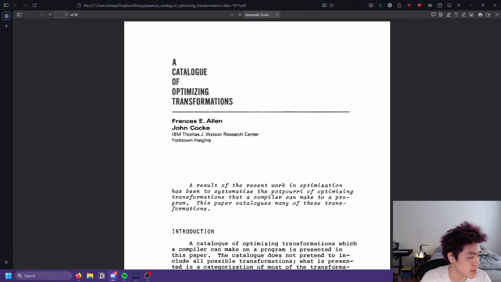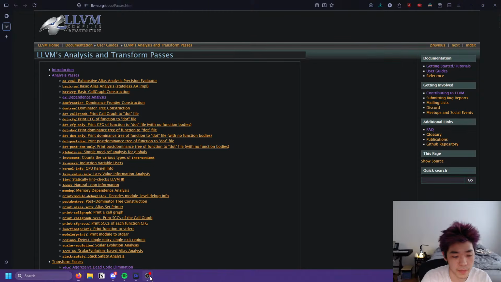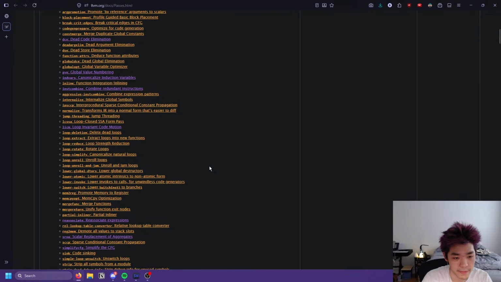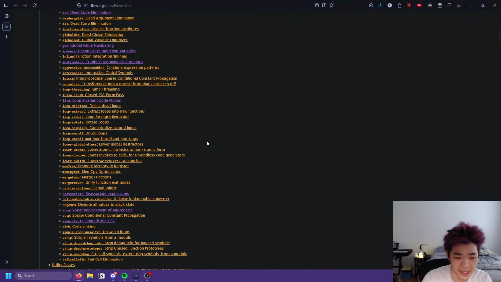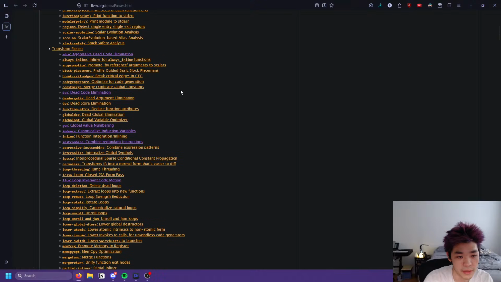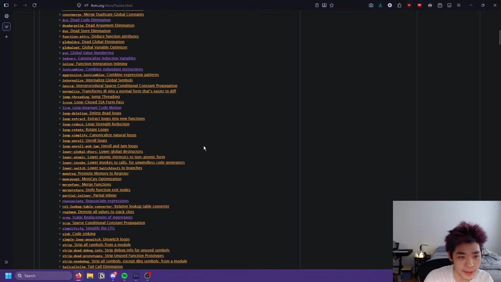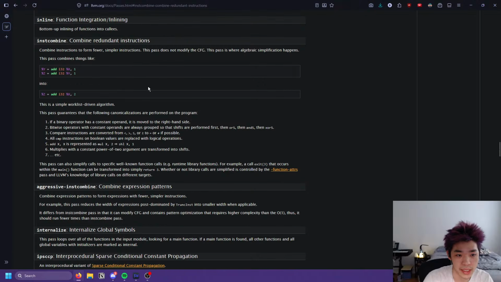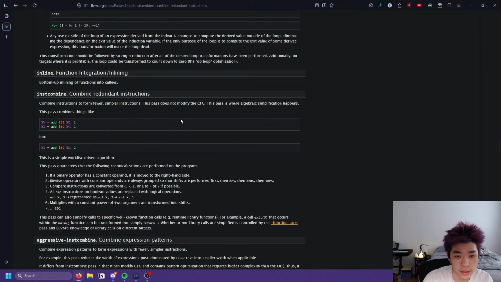Aside from that, there's also the LLVM list of passes that I think might be interesting to look at. Obviously I've looked at some of it, but I haven't looked very aggressively at it. And this also has some very aggressively merged passes, like inst combine has a bunch of different things. And then there's some other references.